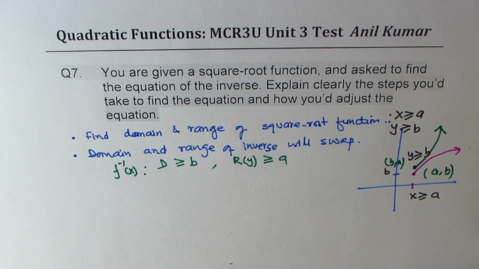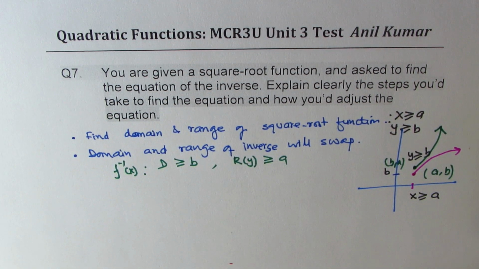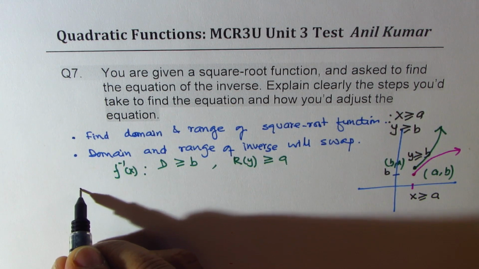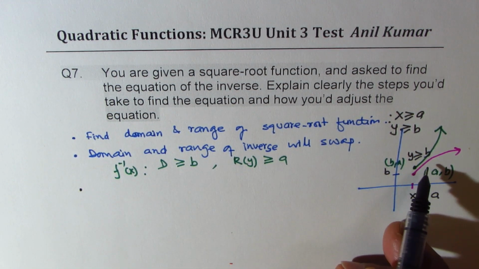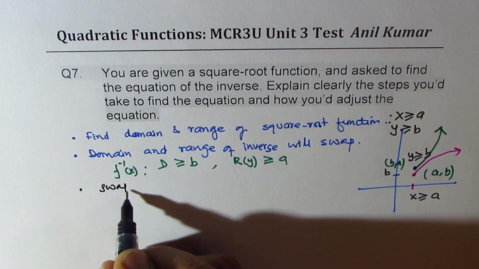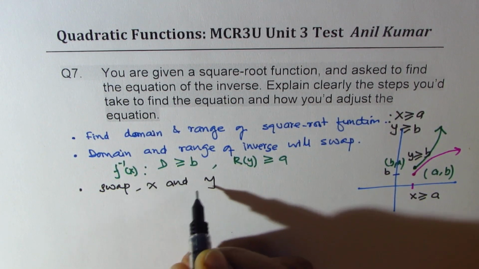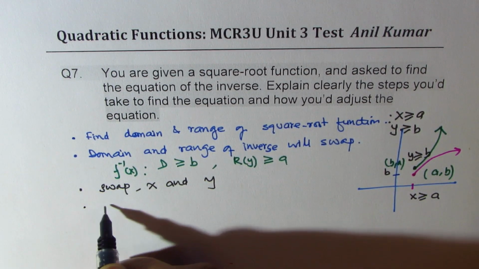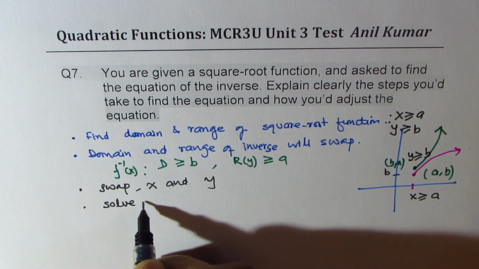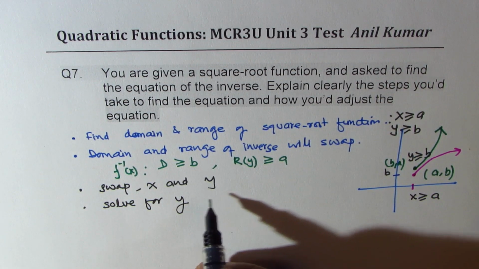Now that is your first thing. Look into domain and range. And then these steps should be, whenever you have a square root function, what you need to do here is swap x and y, right? So swap x and y and then solve for y as you would normally do for any inverse function.